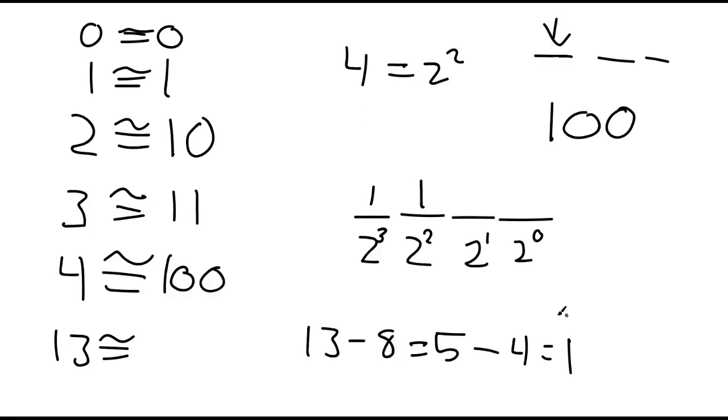Now we're in the 2's place. 1 is less than 2, so we have nothing in the 2's place. And we're in the 1's place. Well, there's 1, 1, and 1. So there we have it. This symbol is the binary symbol for 13.